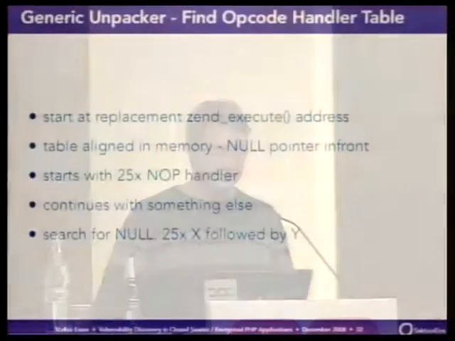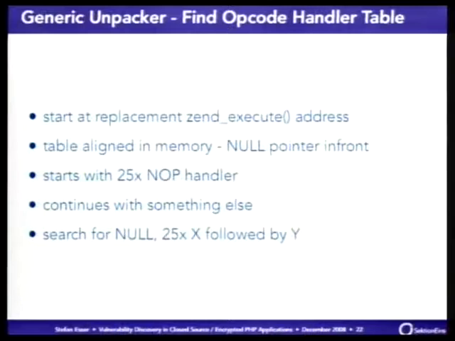I also know that the data segment is loaded directly after the code segment with these dynamic libraries, so I can just start scanning from the code pointer downward in memory, or upward, depending on how you like it.